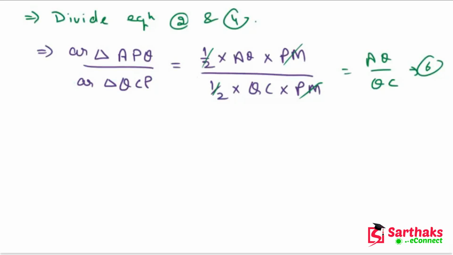Now, according to the property of triangles, triangles drawn between the same parallel lines and on the same base have equal area.